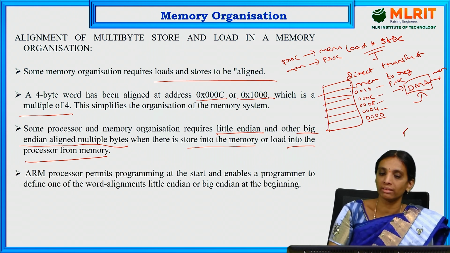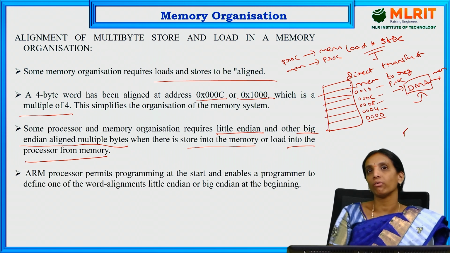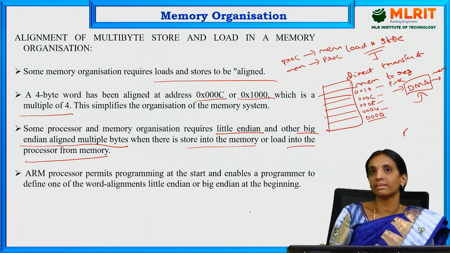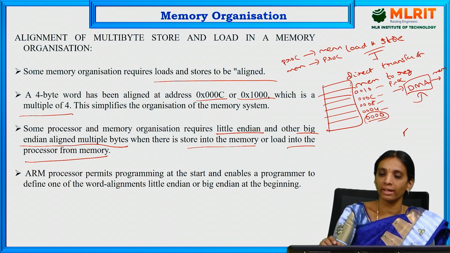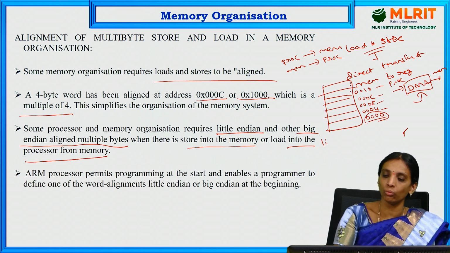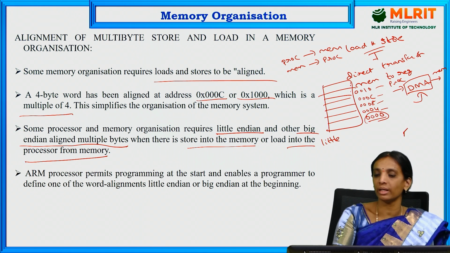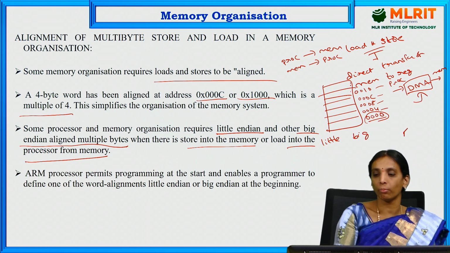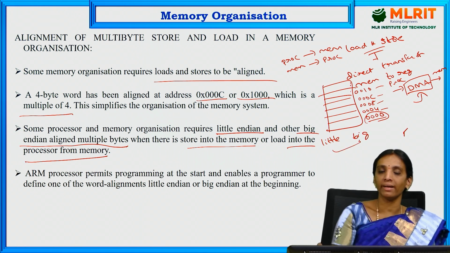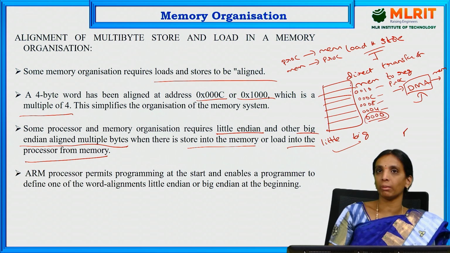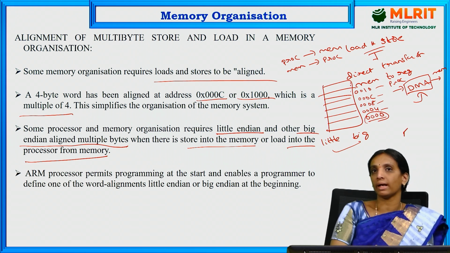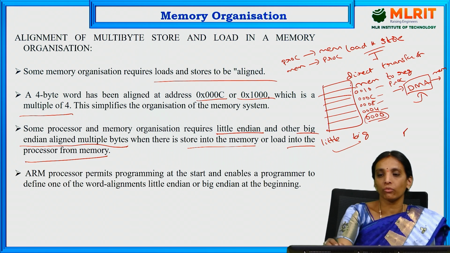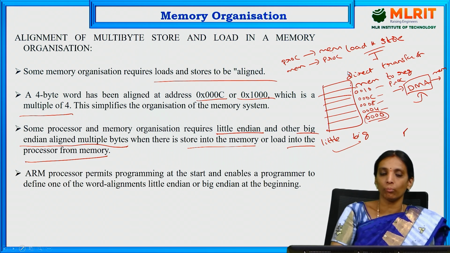Using this load and store architecture, each address of the memory location is a multiple of 4 only. Therefore we can use either of two modes, little endian mode and big endian mode. Using these two modes, we can directly load or transfer data from memory to processor or from processor to memory.